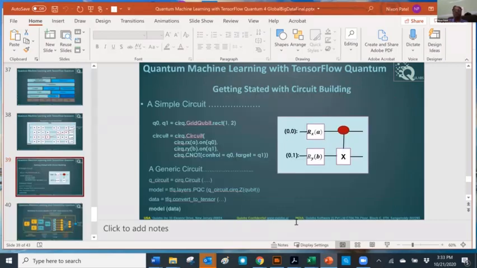The next slide is a simple circuit. You see a simple circuit where two qubits are there, and you apply an X rotation along the X-axis with phase A, and Y with phase B. And there's a CNOT gate, where you give Q0, Q1 as the two qubits, and you initiate them, and then you call a method which creates this whole connection between these different operations.